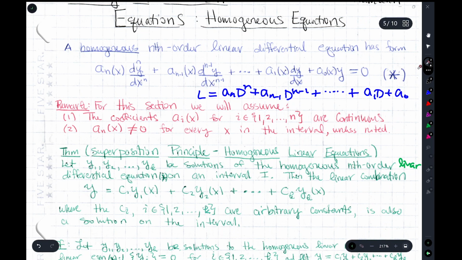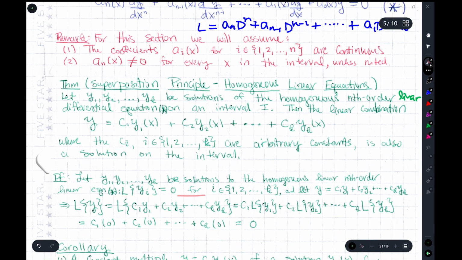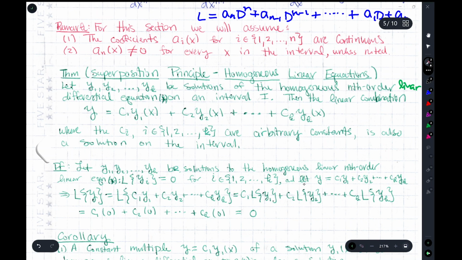Okay, so this is what that linear operator is. Well, if it acts on any of these, it's going to be 0 by definition of a solution. And we're going to let y be this arbitrary sum of constant multiples of these solutions.